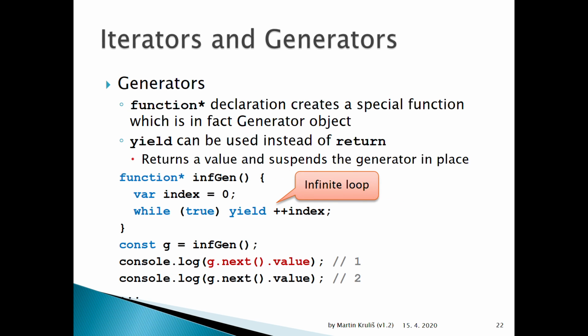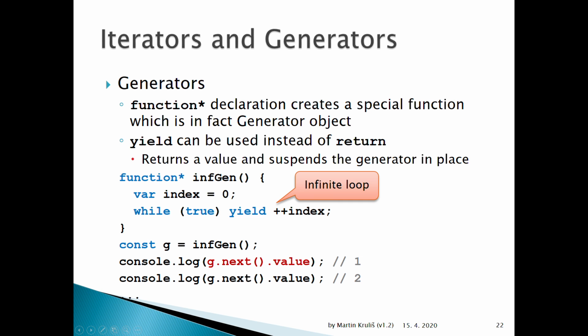A more convenient way for creating sequences is provided by generators. A generator is a somewhat special function. It also has special syntax, so for declaring generators we need this particular syntax where the function keyword is accompanied by an asterisk. And this in fact is not a regular function, it's a generator function.